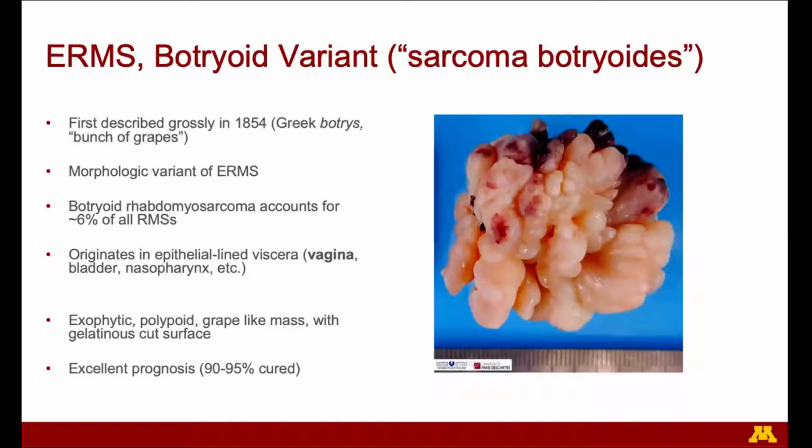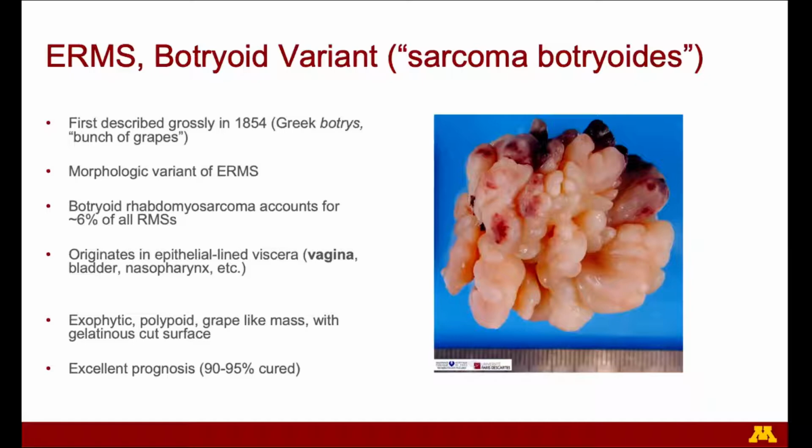Botryoid embryonal rhabdomyosarcoma is the famous variant of rhabdomyosarcoma. This tumor was described grossly way before the conventional embryonal rhabdomyosarcoma, in the middle of the 19th century. Because of the characteristic gross pathology, it was described as sarcoma botryoides, or a sarcoma of grape-like mass.